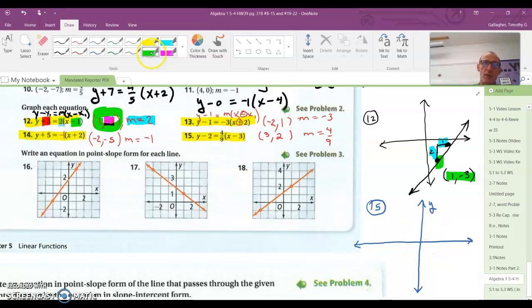Here's my 15. Here's my point, 3, 2. And the slope is 4 over 9. Okay? So back to the blue. So I'm going to do, well, let's just do a different color. Okay. So I'm going to go up 3 and over 2 for the point, which is 3, 2.